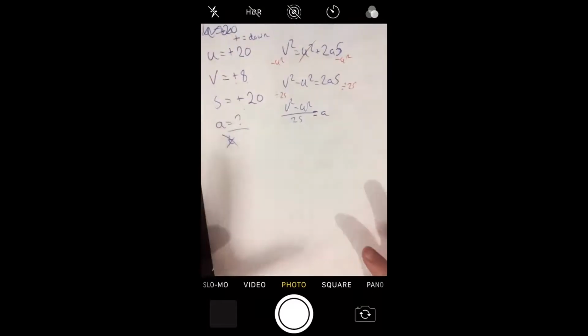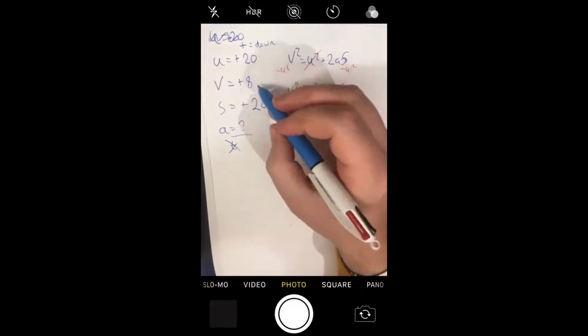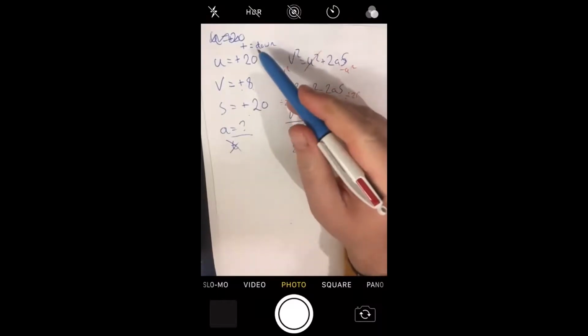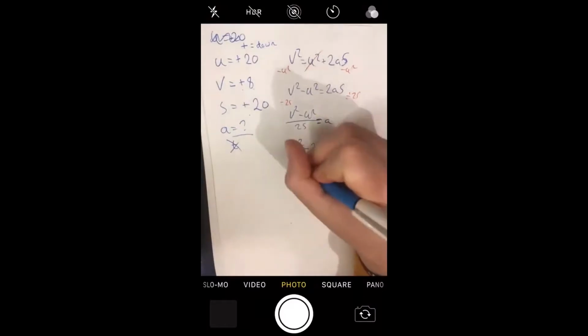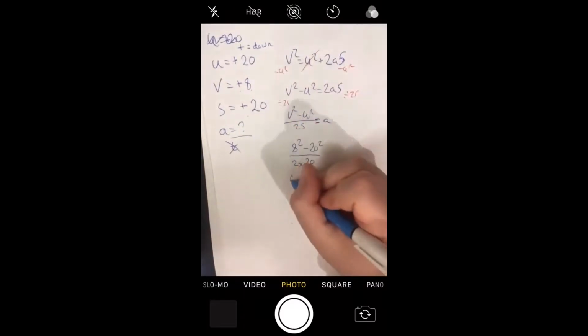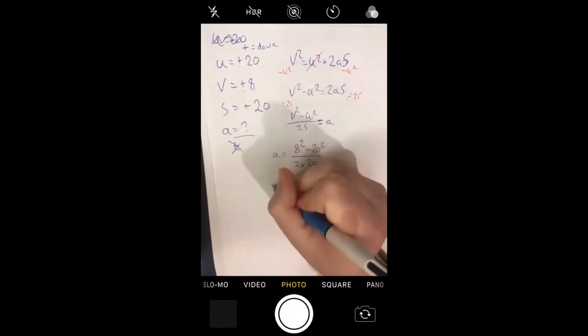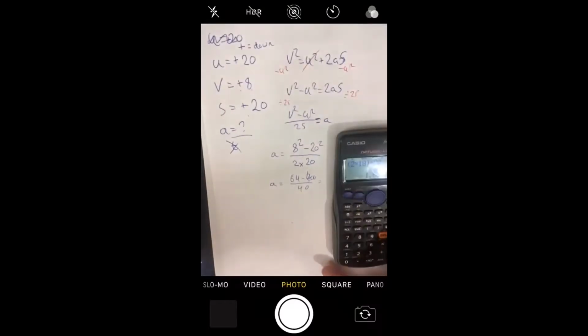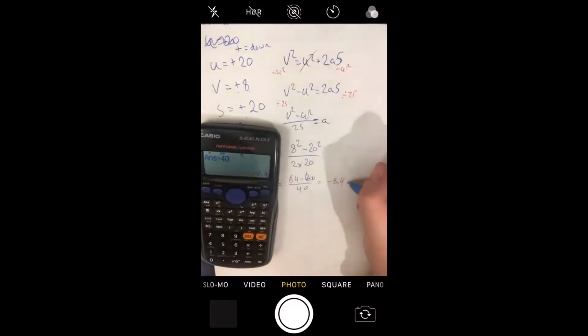All I need to do now is a quick bit of substitution. v squared, which was positive 8 squared, minus u squared, which in this case is 20 squared, all over 2 times s, which is 20. 64 minus 400 over 40 gives negative 8.4 meters per second squared.